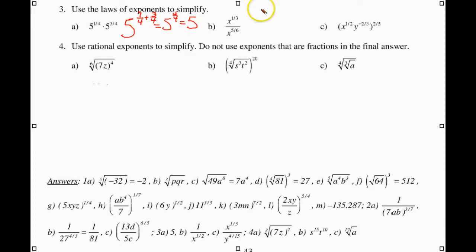Now what do we do here? Well, it's 1 over x to the 5/6, and 1/3 is smaller, so we're going to move that down as a negative. Now what is 1/3 converted to a denominator of 6? And you might say, well, it's 2/6.